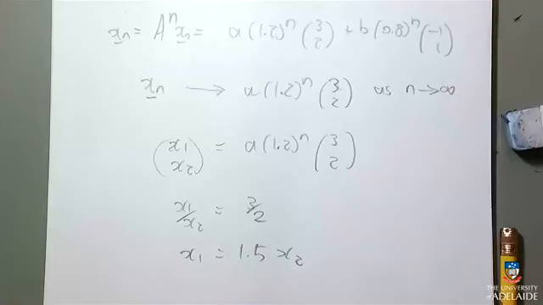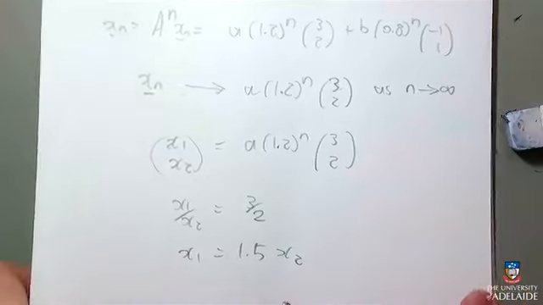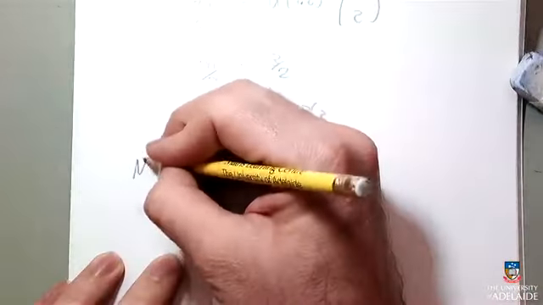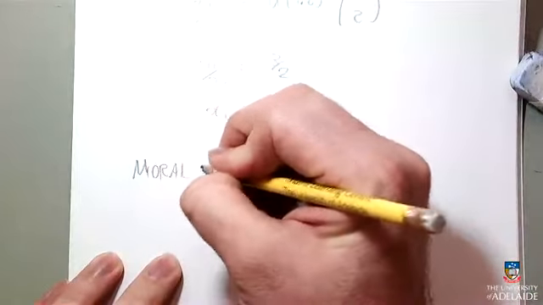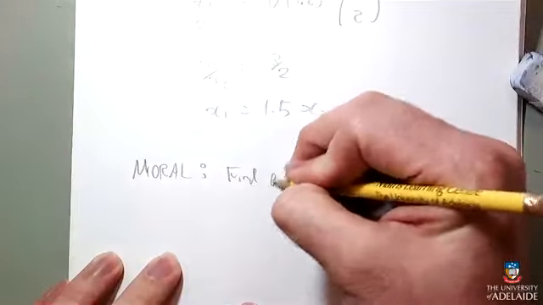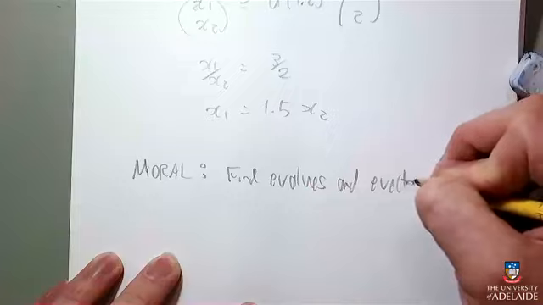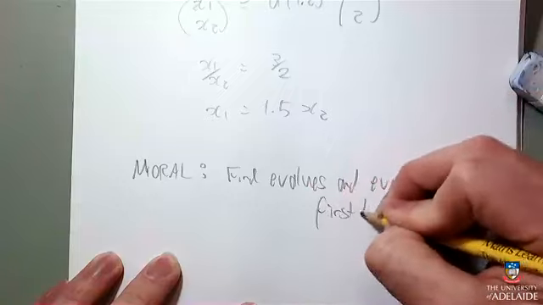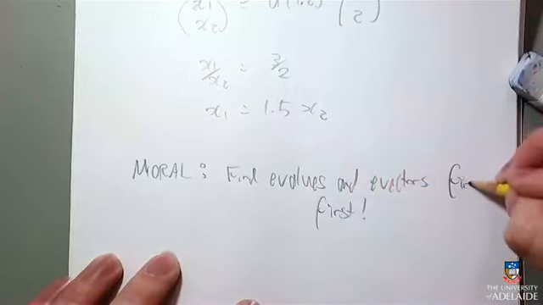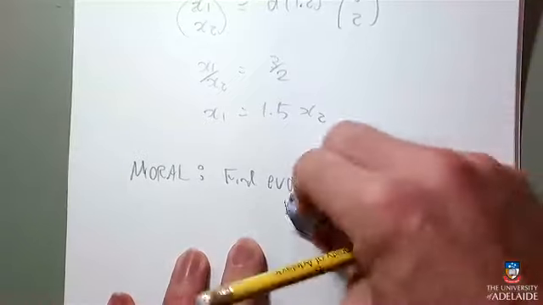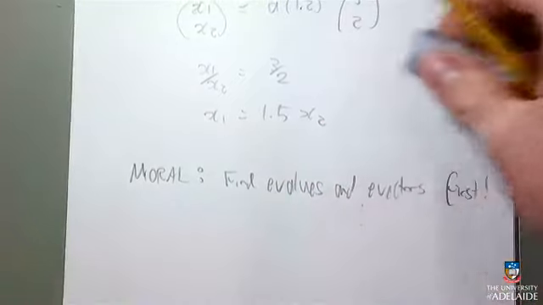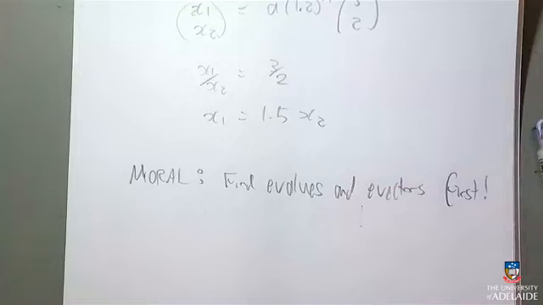Alright, so here's the thing. That's dynamical systems. And in order to do this, you would need to find the eigenvalues and the eigenvectors first. So the moral of this tale is that you'll need to find the eigenvalues and the eigenvectors first if you're going to do a dynamical systems question.